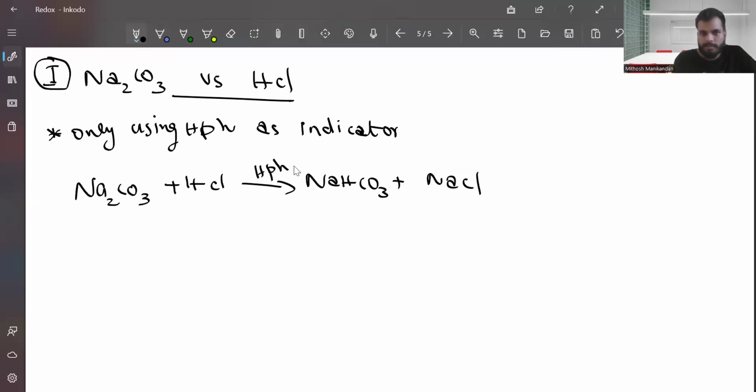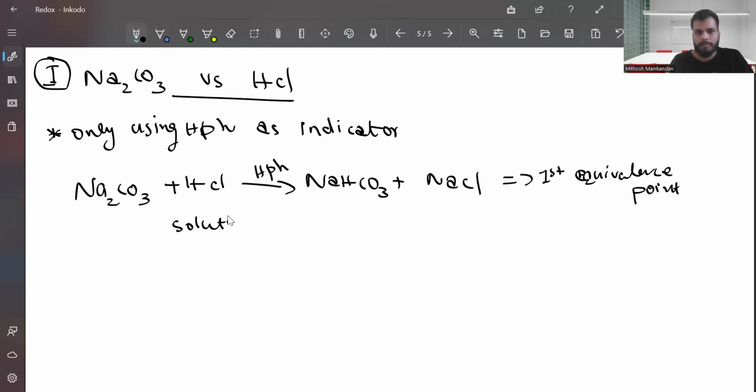So you have phenolphthalein. This is the first equivalence. And how do you understand where the first equivalence point is? The phenolphthalein solution will change color.